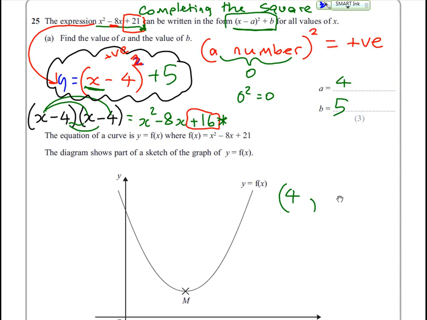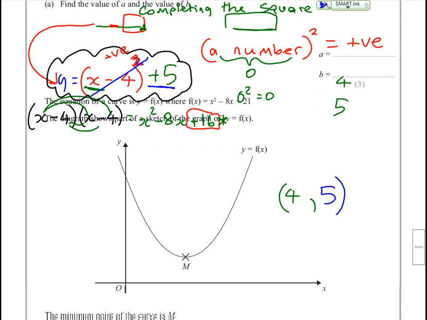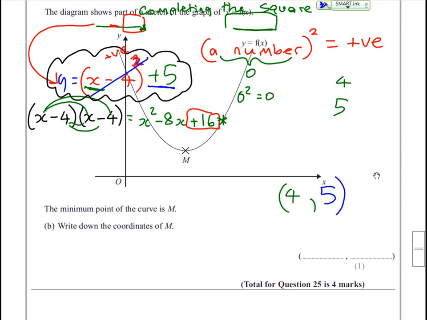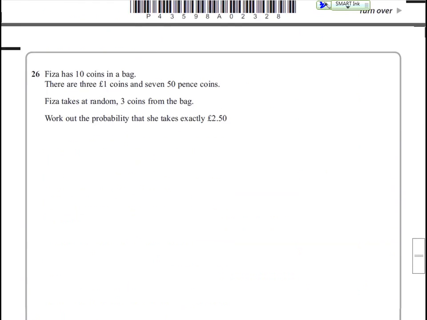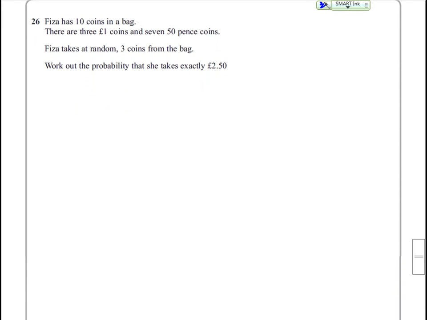Now imagine we have made that 0, then what we're left with for y is 5. So the coordinates are 4, 5. That is your answer. Okay, we are on A star work here, so don't worry if you're finding it a little bit difficult. You might not be aiming for an A star, but all the same, it's good to attempt as much as you can.